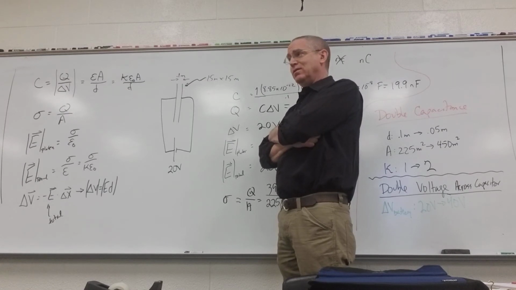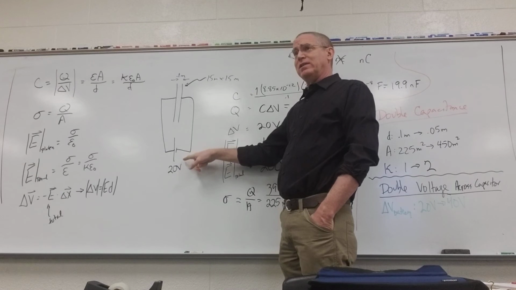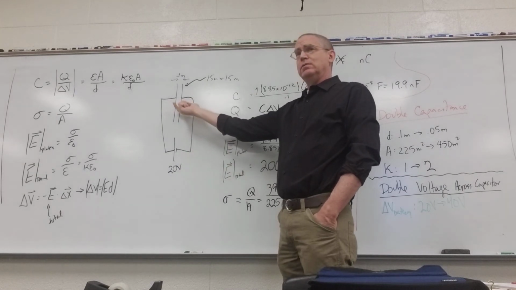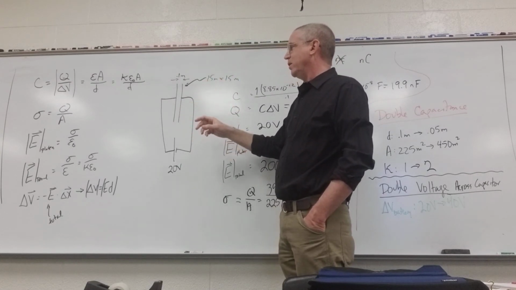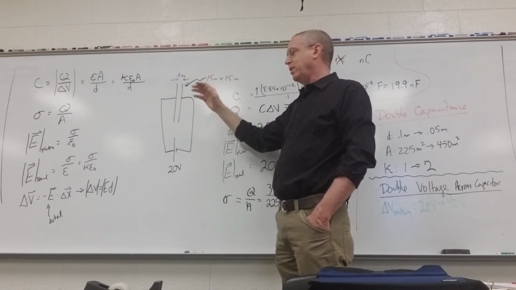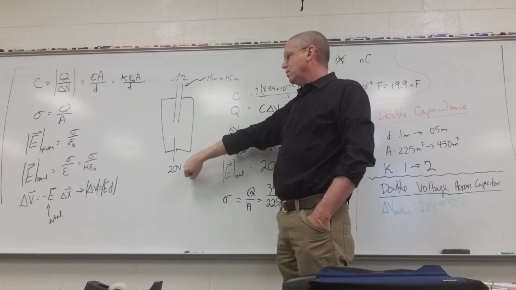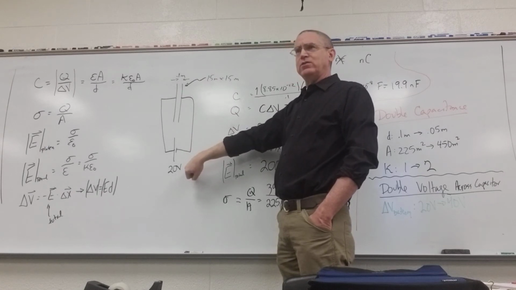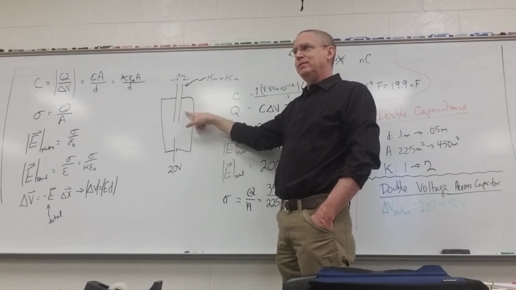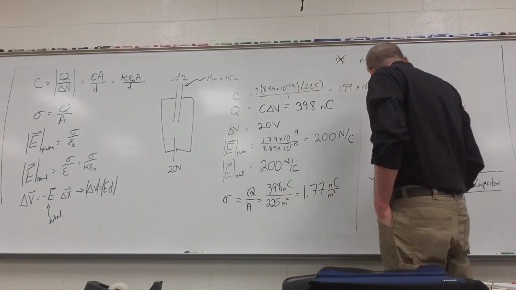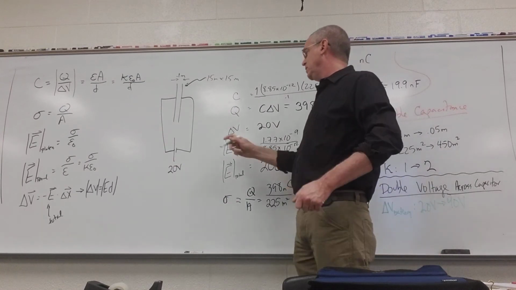Okay. So as long as this 20-volt battery is attached to it, it's 20 volts across here. That's not going to change. I could add other circuits or other components to it, but that's a different problem. As long as it's attached to the battery, the voltage across here is set. This becomes critical in a moment.